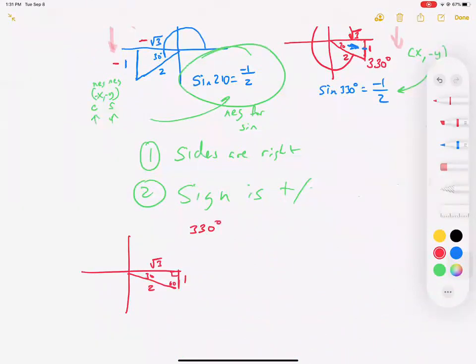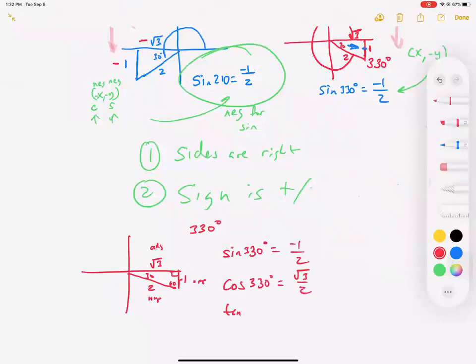Which of these sides are negative? Going right and down. The sine of 330 degrees is opposite, which is negative 1, and hypotenuse, which is 2. My cosine of 330 degrees is square root of 3 over 2.